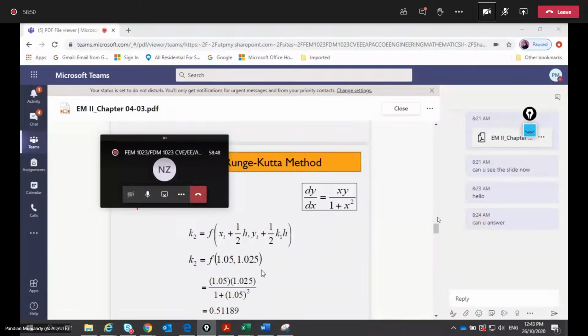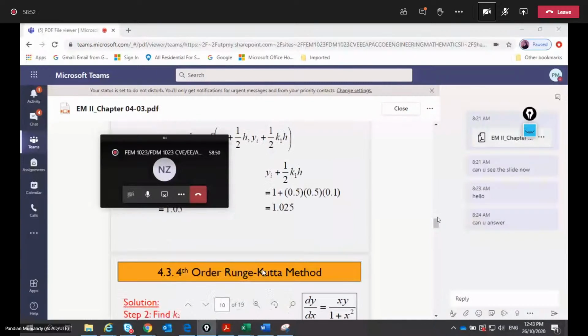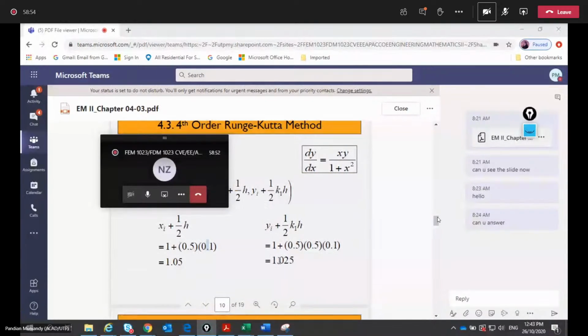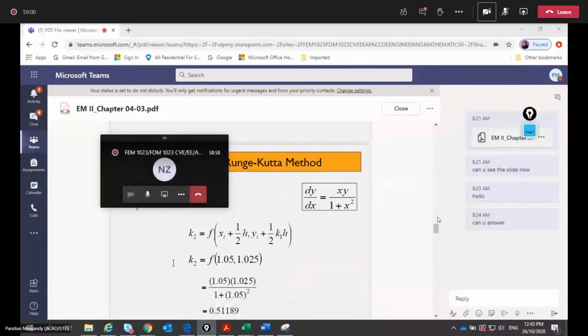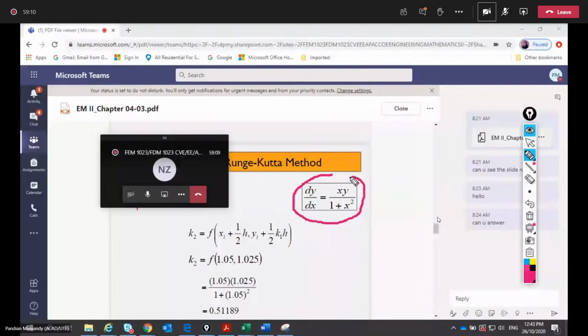From where? From the previous slide, slide number 10. So your new y is 1.025. Your new x is 1.05. You put this inside this equation.